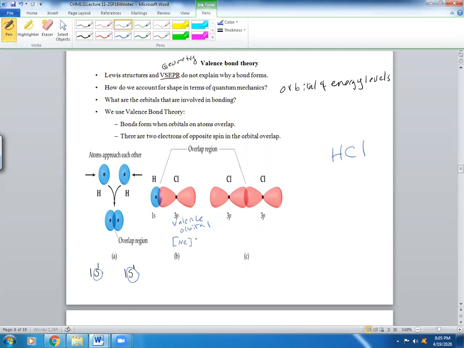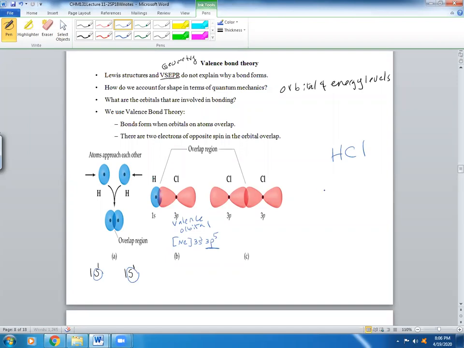It would be neon 3s2, 3p5. So here's our 3p. The 3p, this one right here, is overlapping with the 1s on H. And that's again where the bonding occurs.